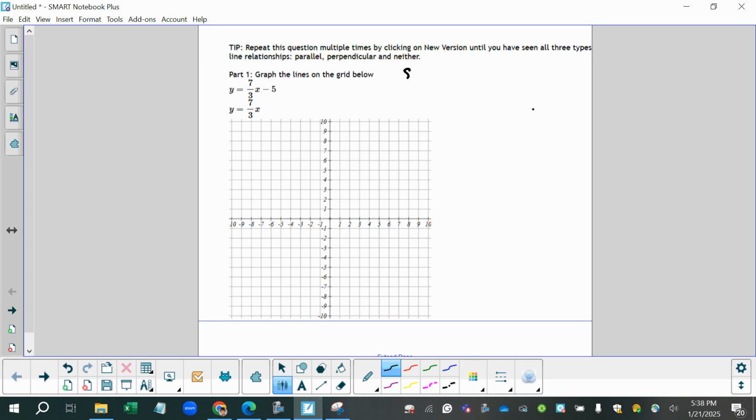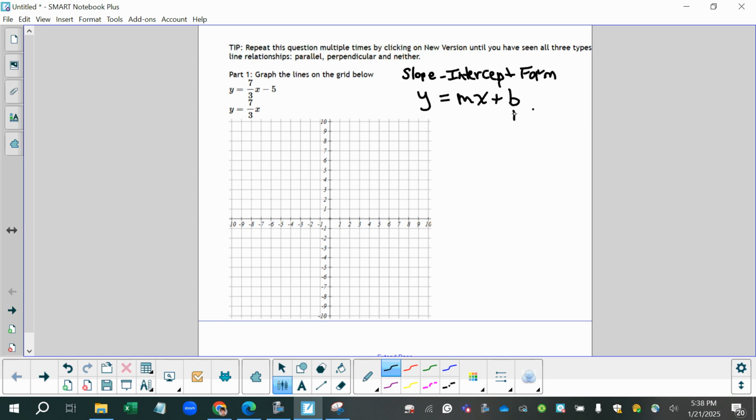Slope-intercept form of a line or a linear equation is when the equation is solved for y, or in other words, y is on one side of the equal sign all by itself, and then everything else is on the opposite side, and it's simplified.